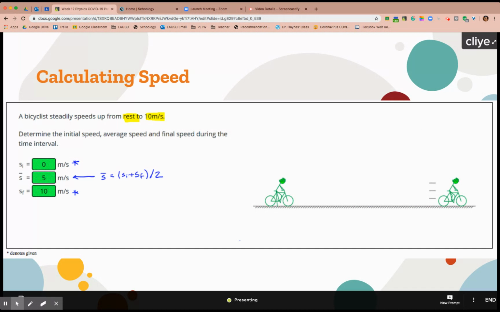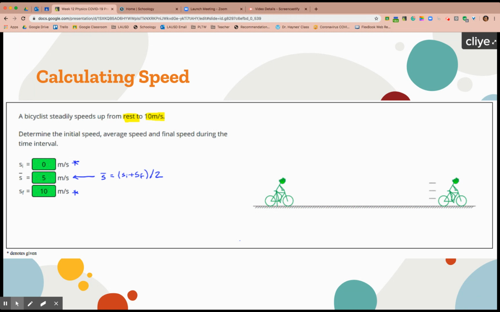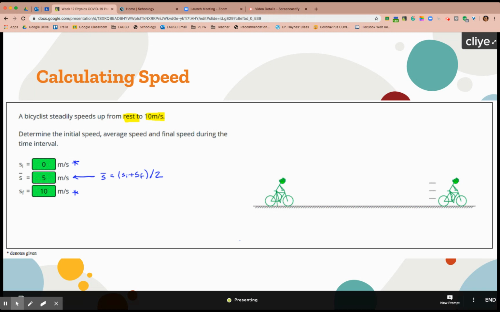All right. So here we have an example question. It says a bicyclist steadily speeds up from rest to 10 meters per second. So rest means 0 meters per second. Initially, they were at 0 meters per second, so S sub I would be 0 meters per second. And then it said they went from rest to 10 meters per second, so the final speed will be 10 meters per second.